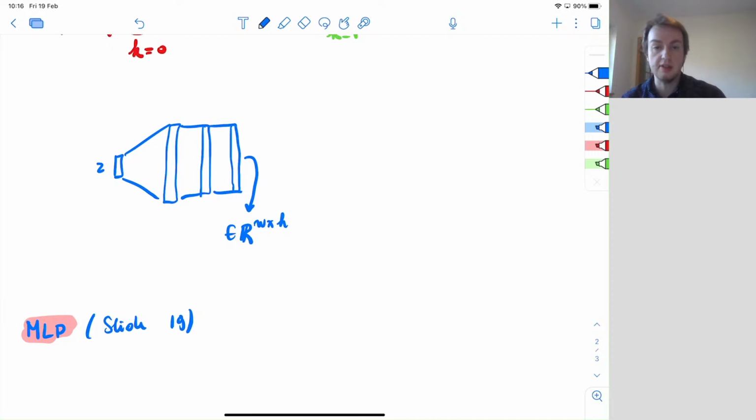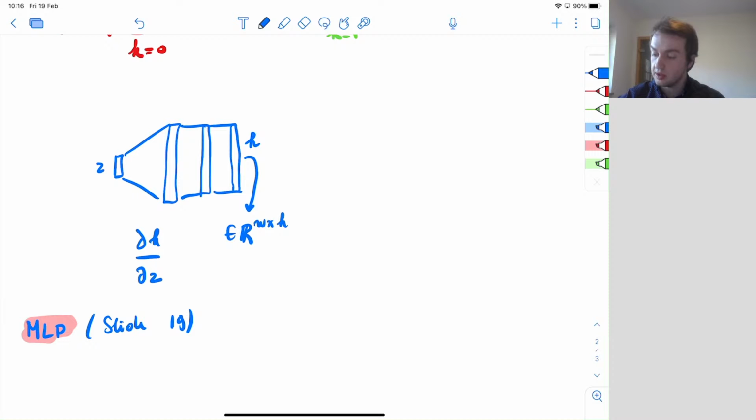And so, of course, in this case, let's call this h. If you wanted to compute the Jacobian of h, the output of the network, with respect to z, when the dimension of h is much larger than z, then yes, you should compute the gradients using a forward strategy.